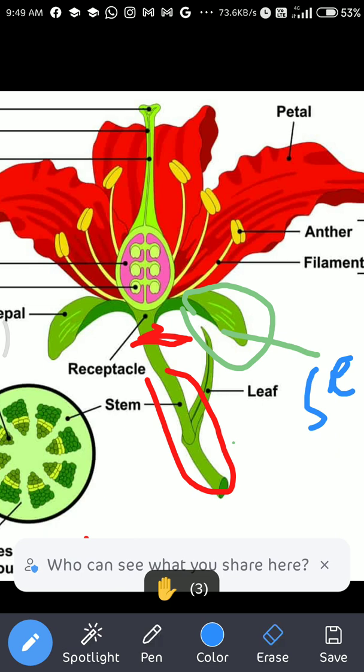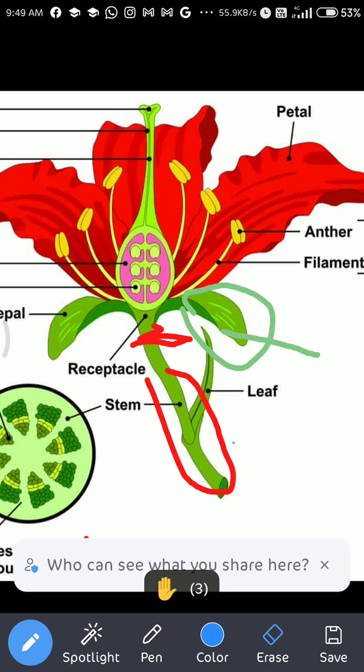This is called sepal. The whole whorl is known as calyx, but the single unit is known as sepal. So here this is the stalk. This stalk is known as pedicel, and the swollen part of the pedicel is thalamus. And this green part, the green whorl, is known as calyx, and the single unit is known as sepal.